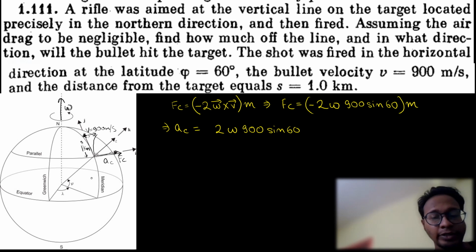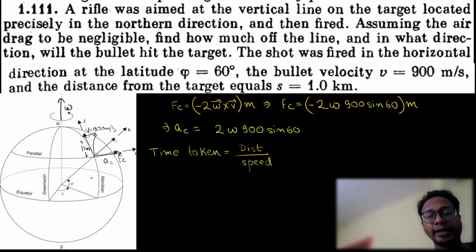So initial x component of velocity is equal to 0. And what is the final displacement in x-axis? We need to find out for how much time it traveled in this direction with the Coriolis acceleration. So the time taken to cover 1 kilometer with velocity 900 meters per second: time taken is equal to distance divided by speed.